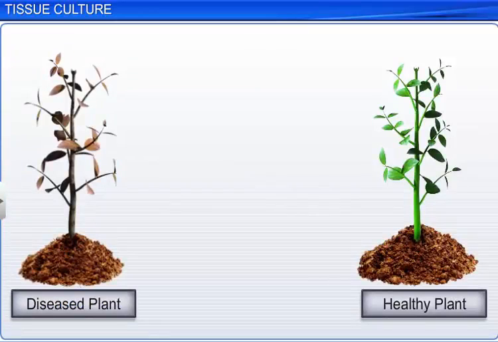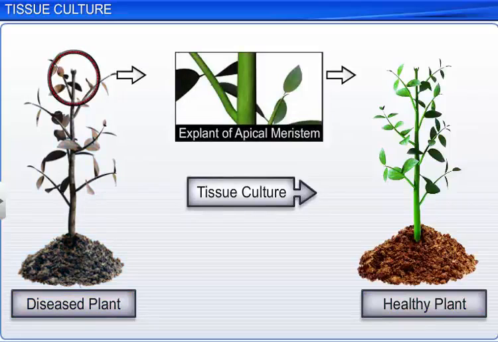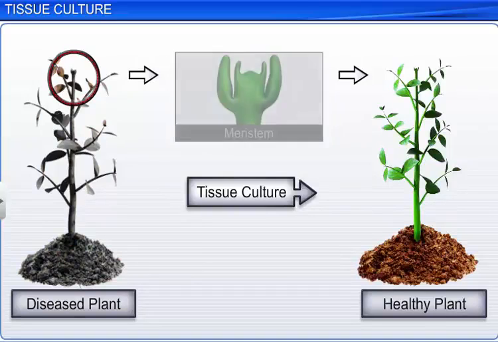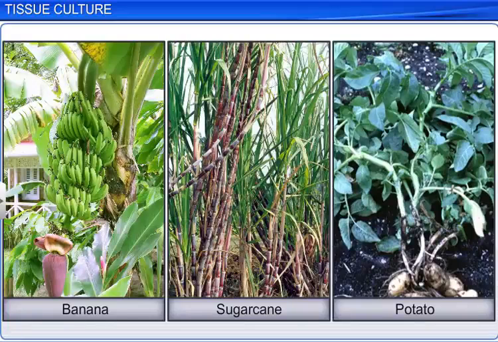Even if a plant is diseased, tissue culture can be used to get a healthy plant using the explant of the apical or axillary meristem. This is because the meristem is always free of disease and microbes. Culturing of meristems has been successfully carried out in plants such as banana, sugarcane, and potato.